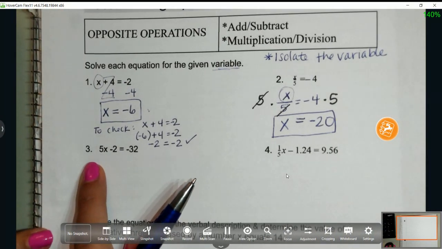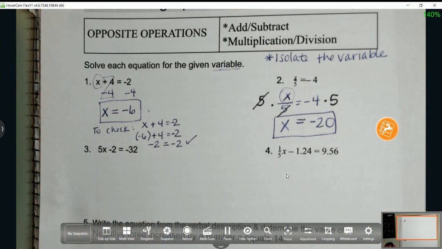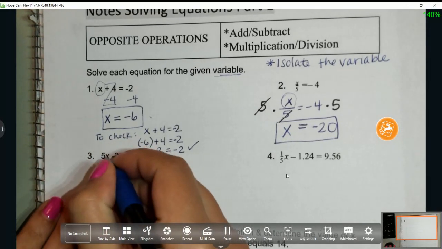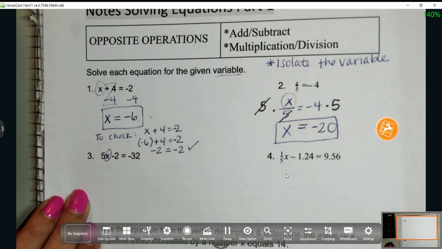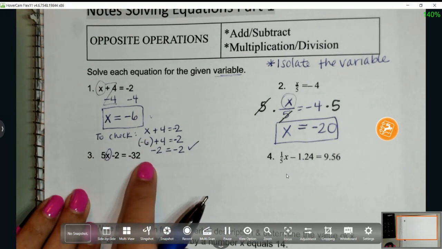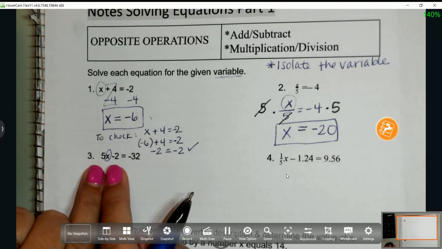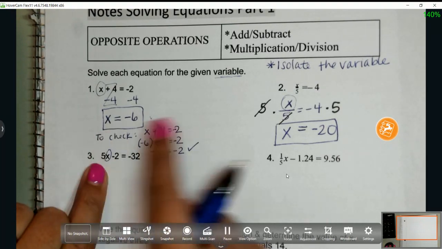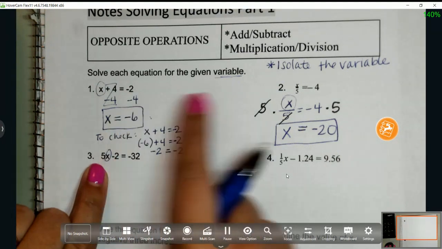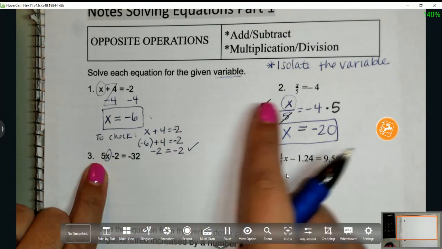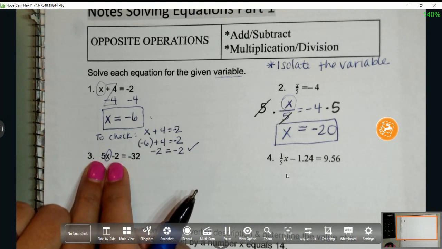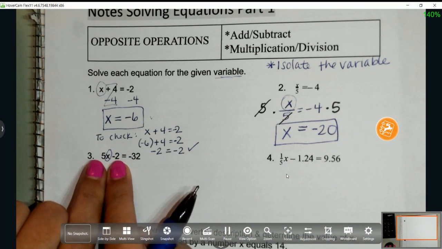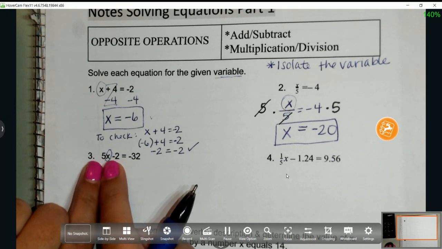Now, example 3, there's a little more going on here. So I want to isolate the variable. So I'm trying to solve for x. But first, always ask yourself, can you combine like terms? These were so simple that at the beginning on each side, we didn't have like terms, right? We still don't have like terms, but we do have subtraction and multiplication happening to x.